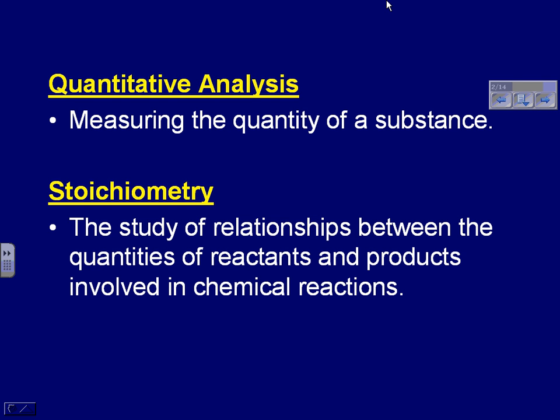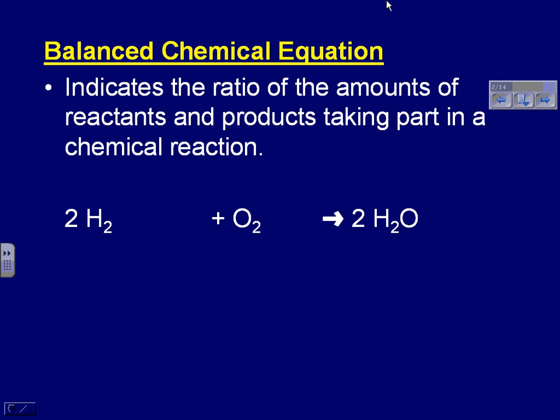Now, because we're dealing with the mathematics involved in a chemical reaction, we want to review a little bit about what is found in the balanced chemical equation. The balanced chemical equation, short form BCE, is the starting point for all stoichiometry questions.